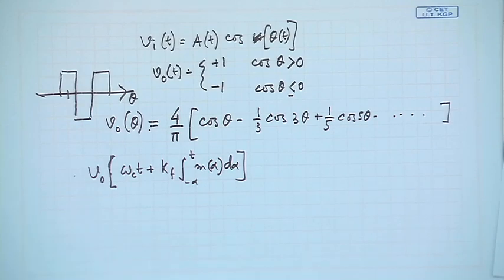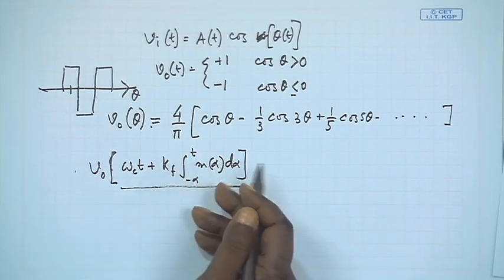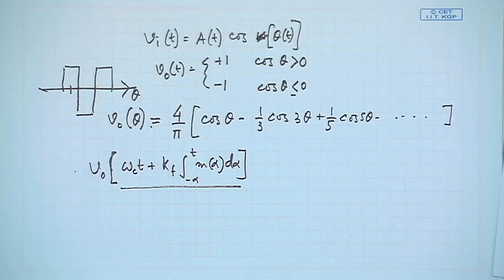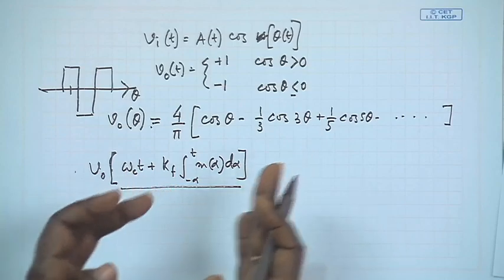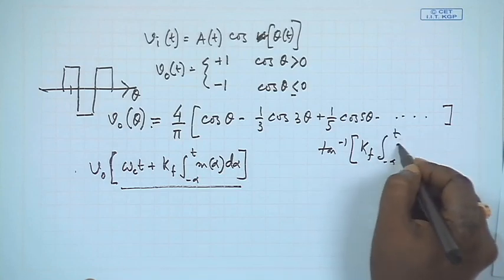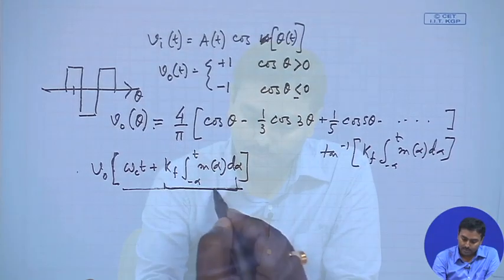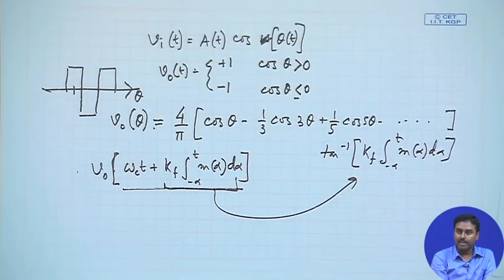Of course, I do not have exactly this, I have some tan inverse of this, tan inverse of k_f into A(t). Whether I have that or not, let us say probably this is the case. Instead of this, I can always write it as tan inverse of k_f times the integral from minus infinity to t of m(alpha) d alpha. I can even replace this particular part with this, and the rest of the part will remain the same, omega_c t.